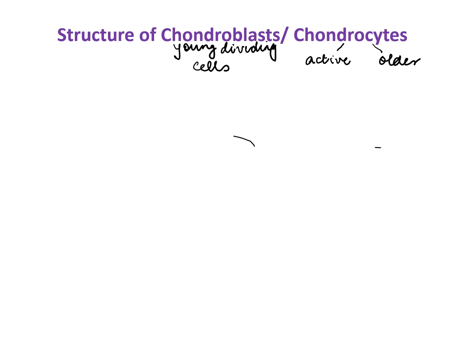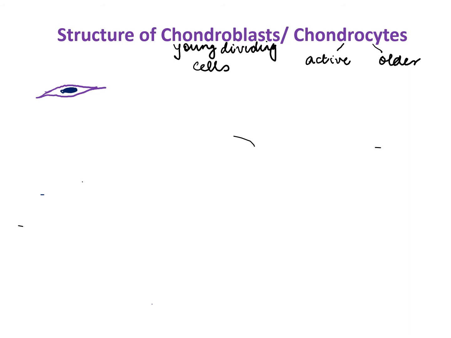Now let's start with the structure of these. The chondroblasts are flattened, irregular cells, elliptical cells with elliptical nuclei.